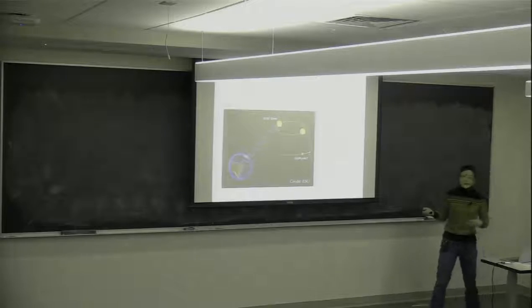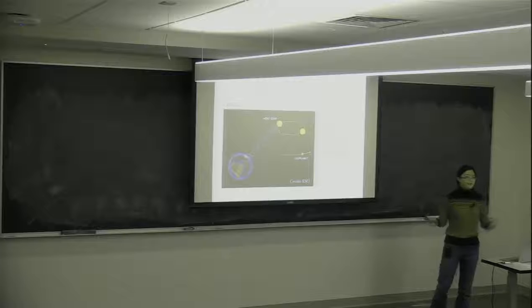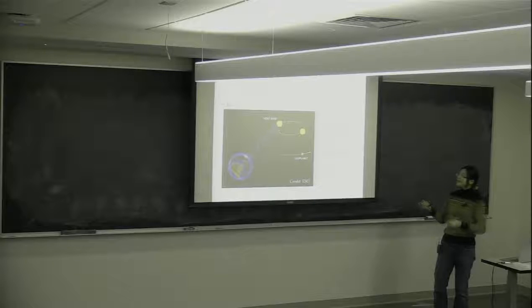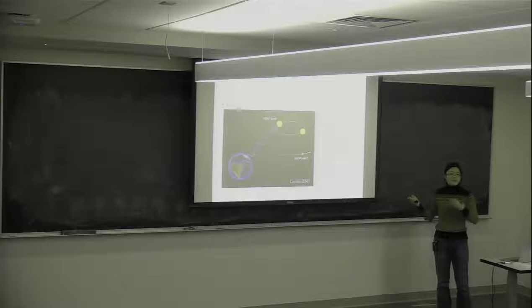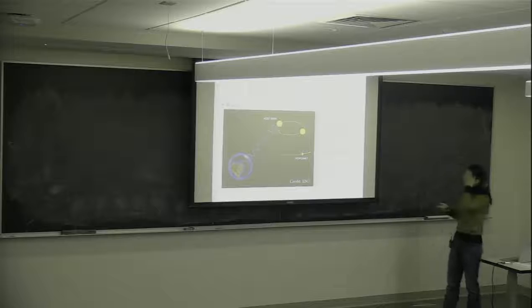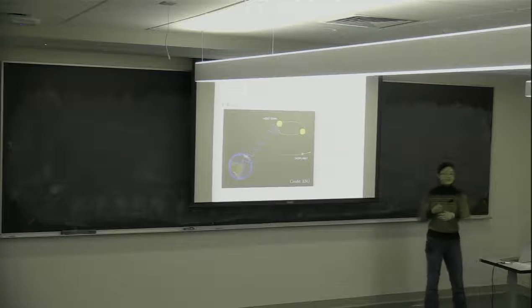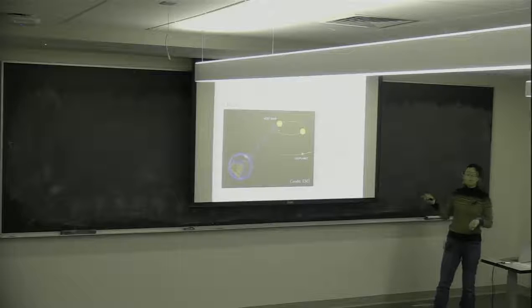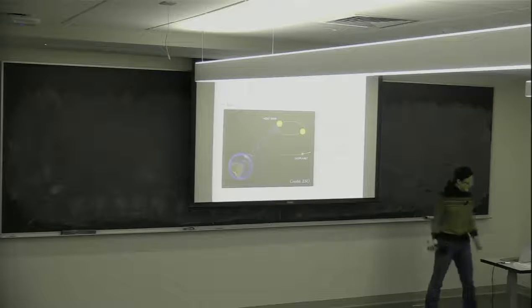And from this, one can also learn a lot of interesting properties of the planets. First of all, the amplitude of this Doppler shift depends on the planet mass relative to the stellar mass. And in addition, the time dependence of this Doppler shift can tell one the eccentricity and the period of the planetary orbit.